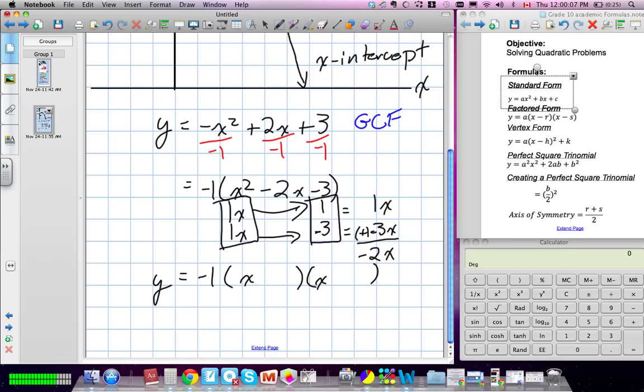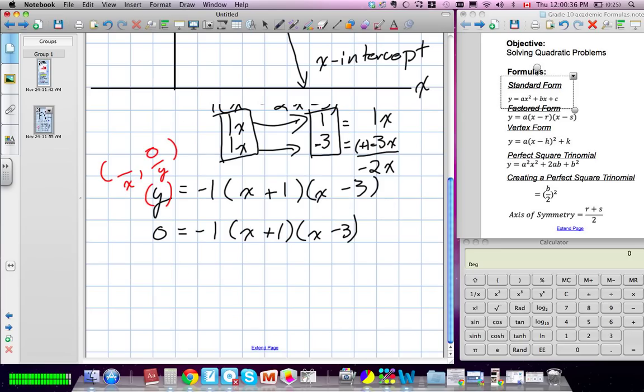+1 minus 3. Now, I'm trying to find an x-intercept, and we know that x-intercepts have a y value of 0. So we'll be replacing y with 0. So we get 0 is equal to negative 1, x plus 1, x minus 3. I need to get rid of that negative 1.